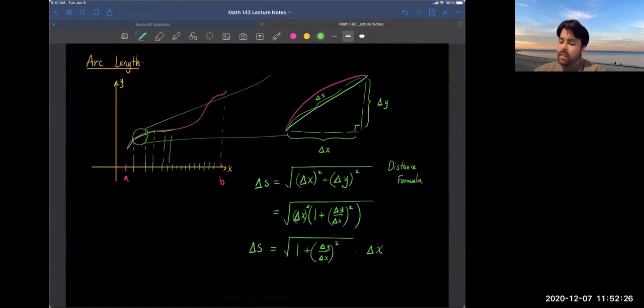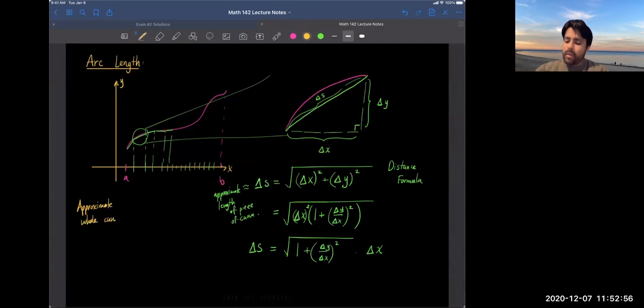Again, the change in s is the approximate length of a piece of the curve. So I have one piece. What am I going to do to approximate the whole curve?